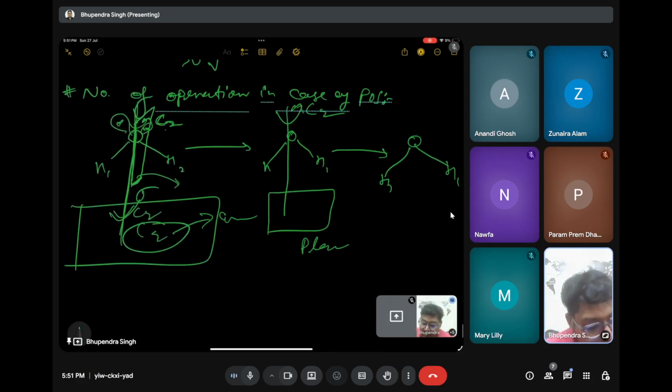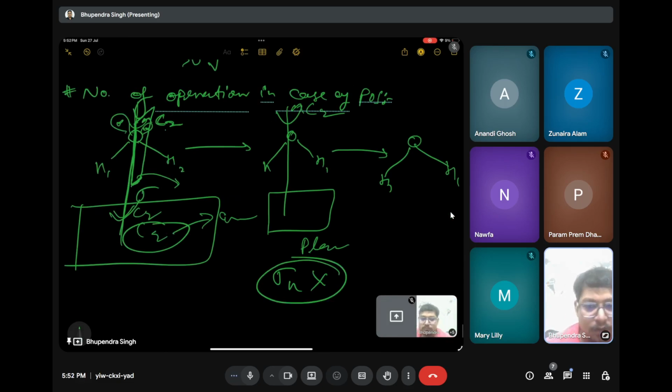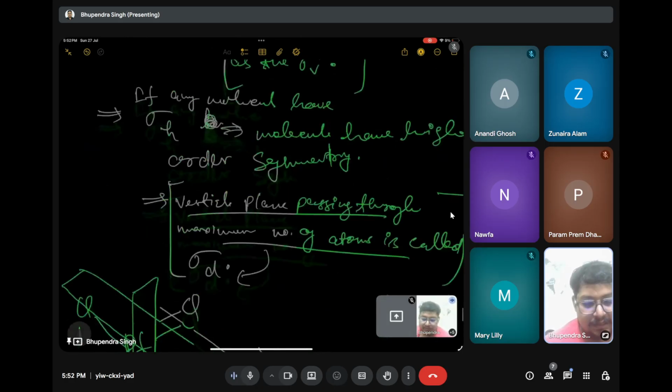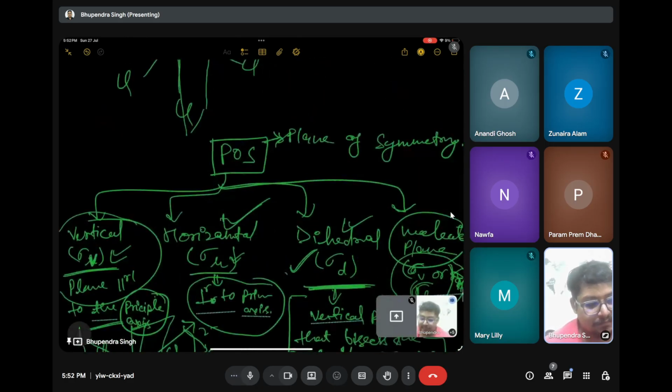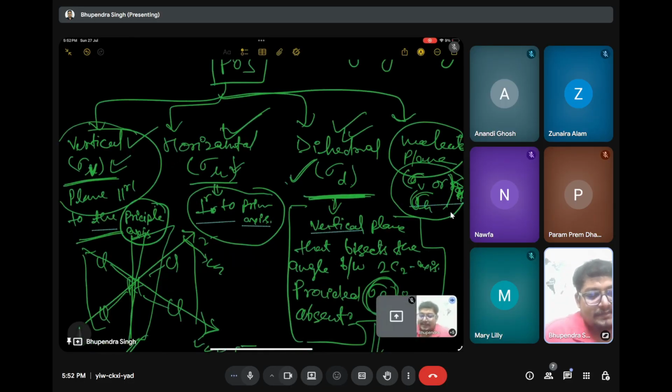So what have we figured out? Sigma H is not present. What are the available options? Sigma D or sigma V?